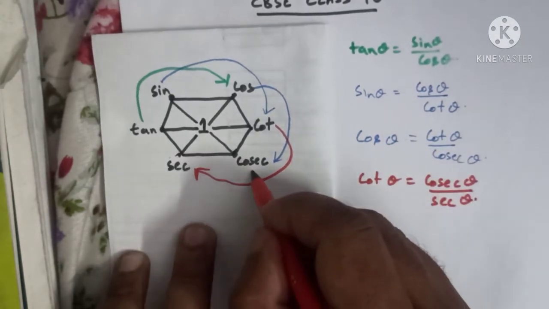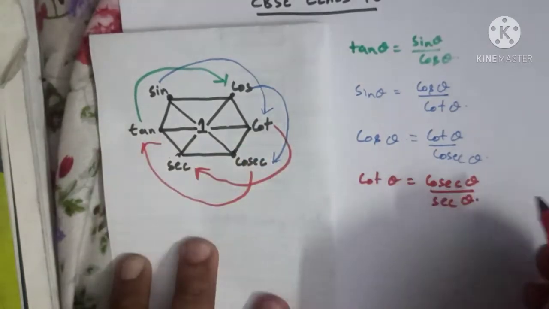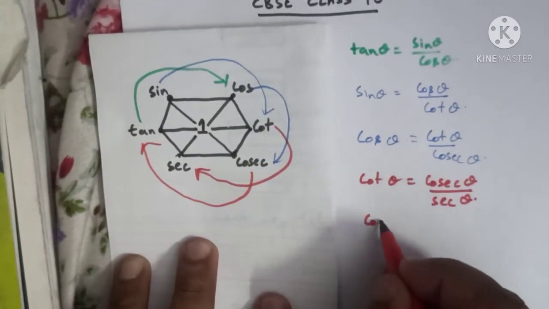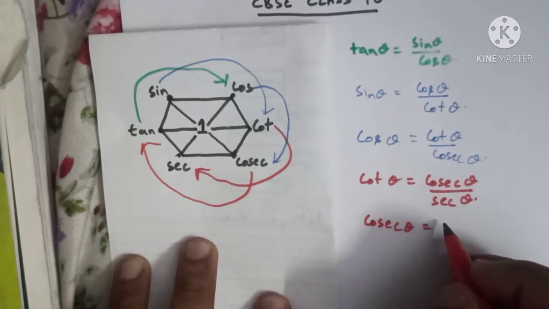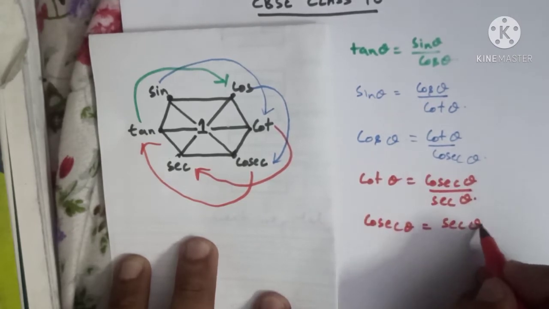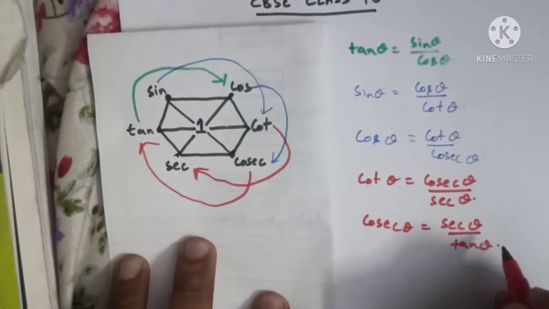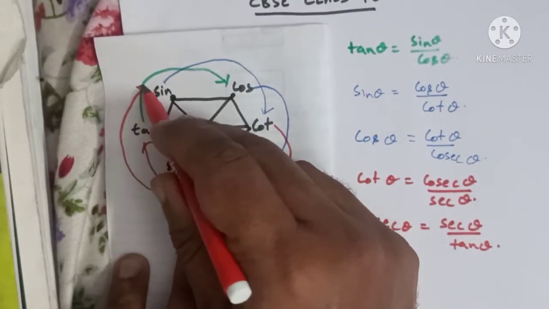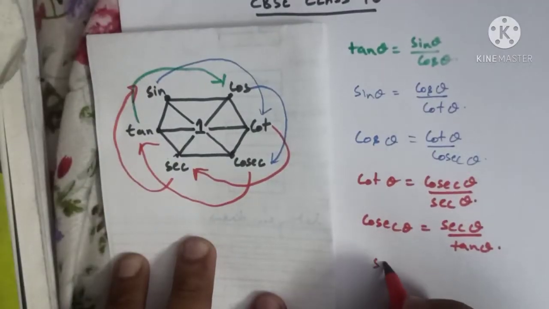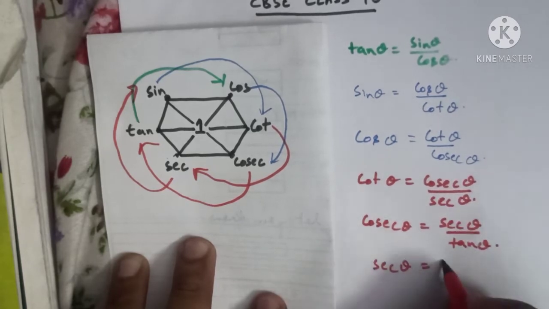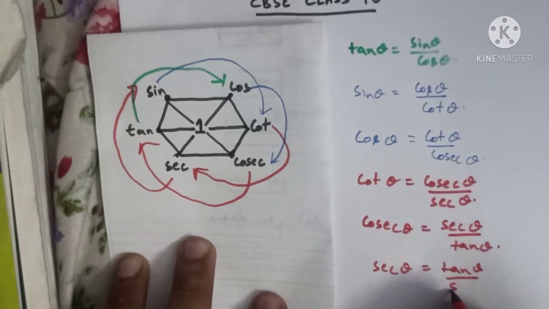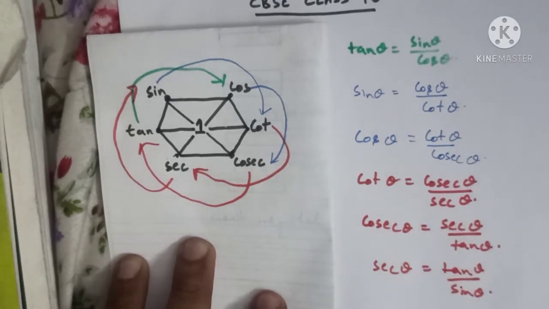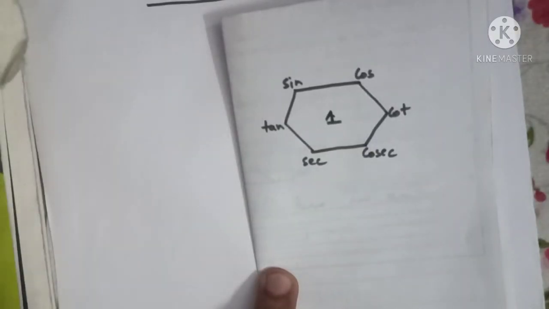Similarly from cosec theta to tan theta, we can write cosec theta is equal to sec theta upon tan theta. And the last one, sec theta to sin theta, so we get sec theta equals tan theta upon sin theta. Hope you have understood. These are the first set of formulas.